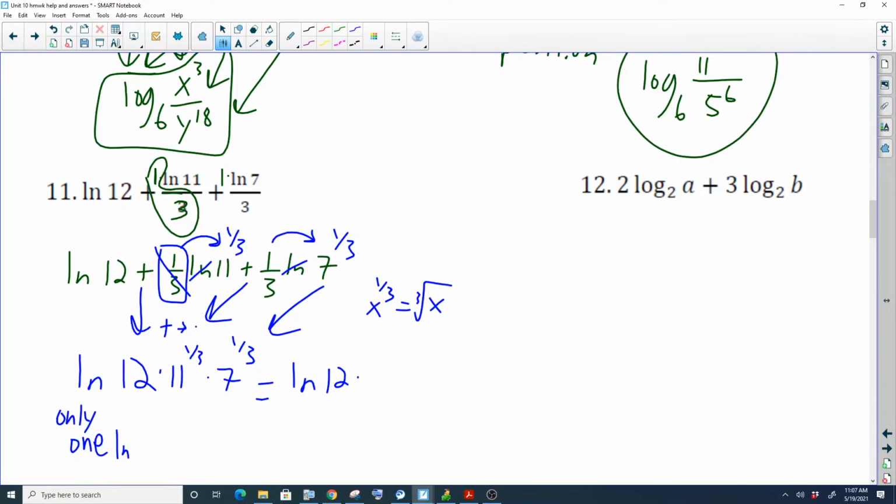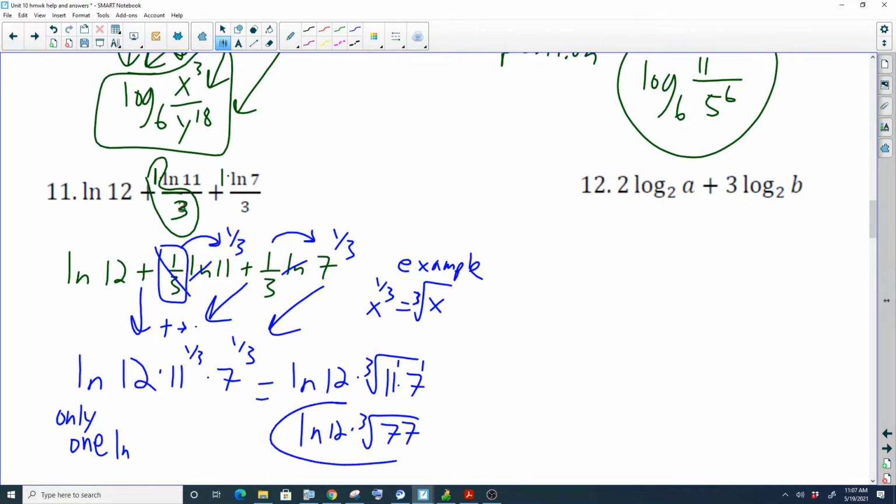Just the cube root. Right? So this will be 11 times 7 together, because they both do the 3rd power, as the cube root, right? 1/3. And so 11 times 7 is 77. So it'll be the cube root of 77. So ln of 12 times the cube root of 77 is our answer.